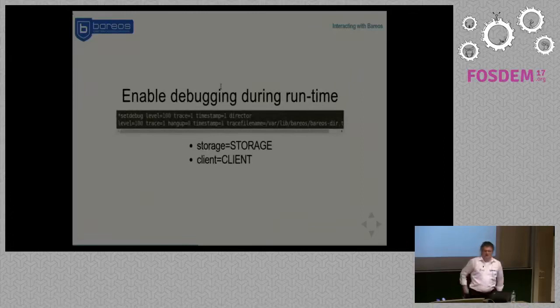Sometimes they don't. So you can also enable debug during runtime. You do this with set debug, specify the level. 100 is a good starting value. You specify that it should log to a log file, and adding temps. Temps is also usable, and then what components should have the debug enabled. In this case, the director.